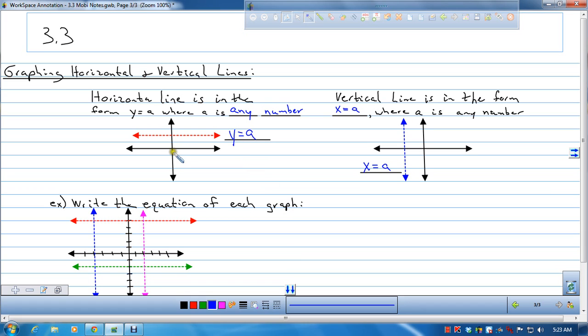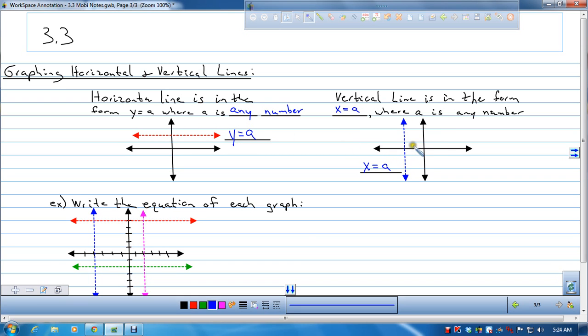All you really have to think about is where your intercept is. Okay? So if my intercept is on the, which axis is this? The y-axis. If my intercept is on the y-axis and I don't have an x-intercept, then that means that my equation is going to be y equals whatever this intercept is.